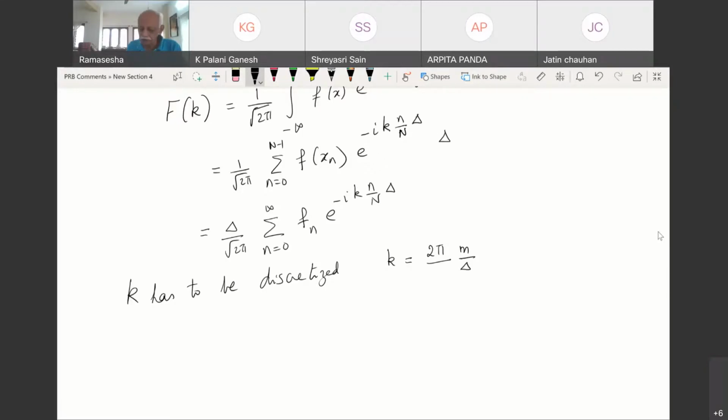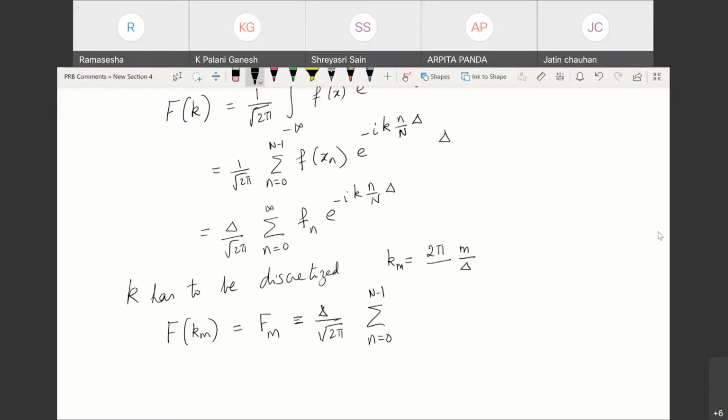If I did this, then my Fourier transform will be F_m, equal to delta upon square root of 2 pi, sum over n equal to 0 to N minus 1 of f_n e to the minus i 2 pi mn by capital N, and the delta cancels because you have a delta here and a delta there.